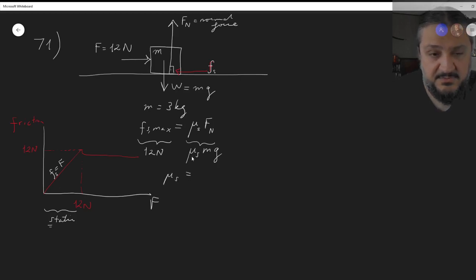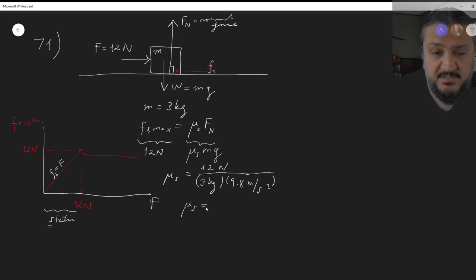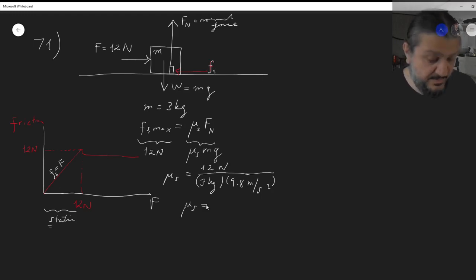Mu-s will be equal to 12 newtons divided by mg. What is m? 3 kilograms. And g is 9.8 meters per second squared. Just plug those numbers in. 12 over 3 is 4. And 4 divided by 9.8.